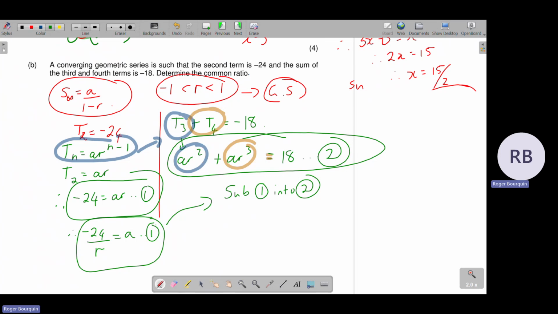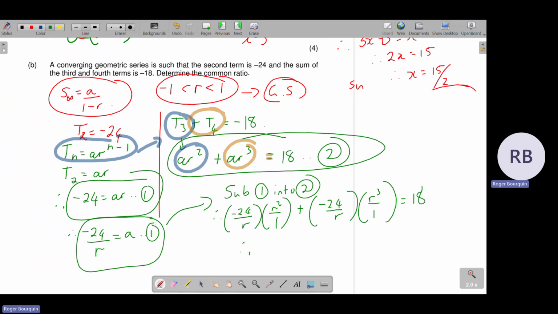So if I sub 1 into 2, I replace every A with -24 over R. So -24 over R times R squared plus -24 over R times R cubed is equal to -18, right?